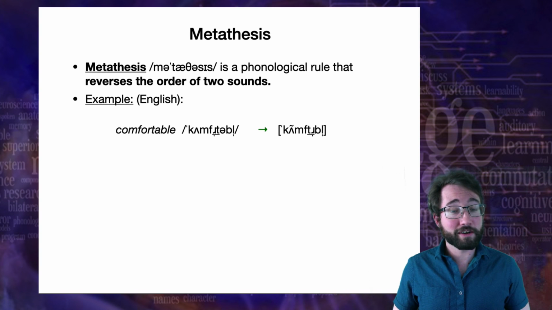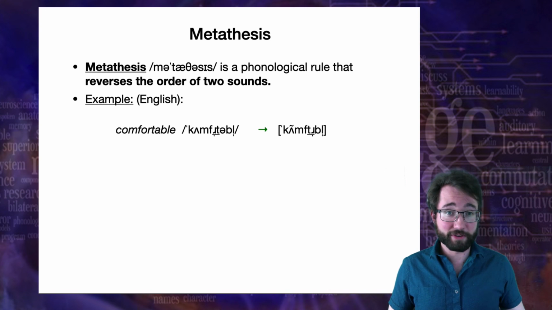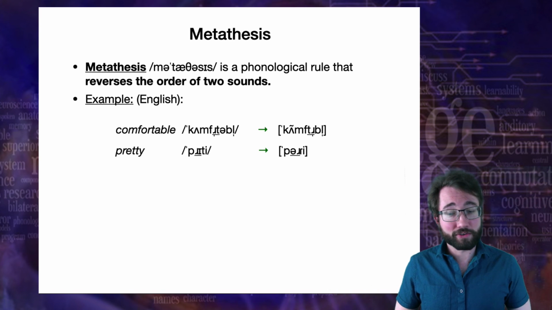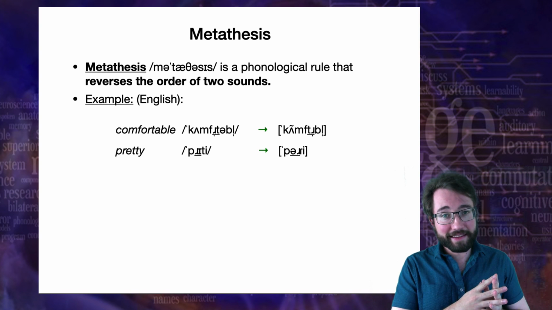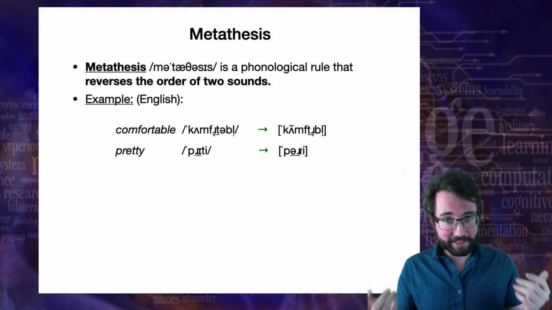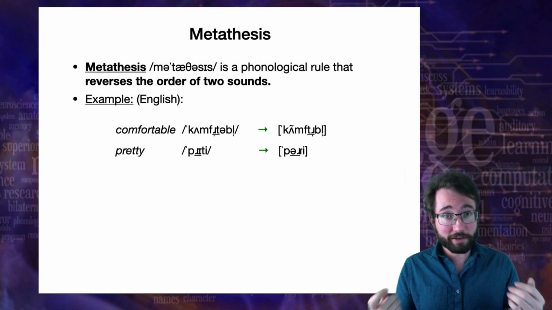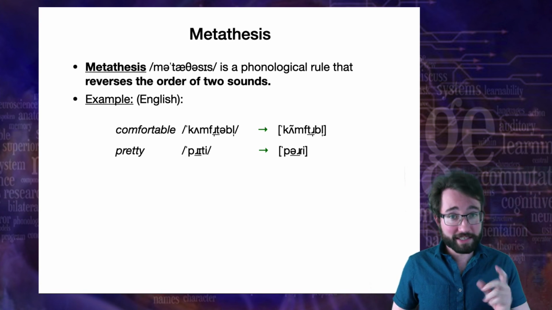So the order of the syllabic R there, and the consonant T is reversed in the sound as opposed to the underlying phonemes. We also will often say pretty instead of pretty. So the underlying phonemes there are P, T, and then the order of the sounds as they're pronounced is P, D, with also some flapping applying to the T. So the order of the sounds is reversed.